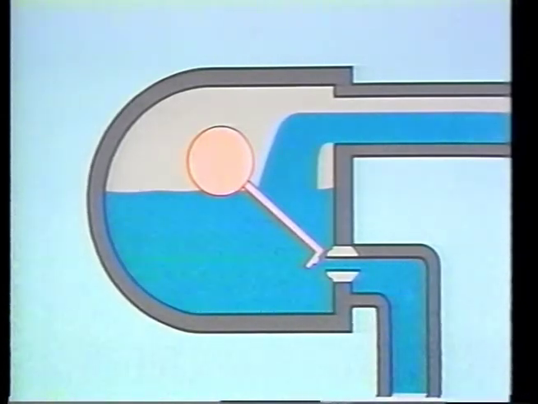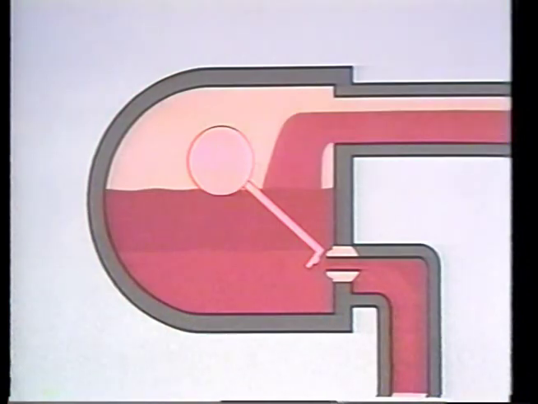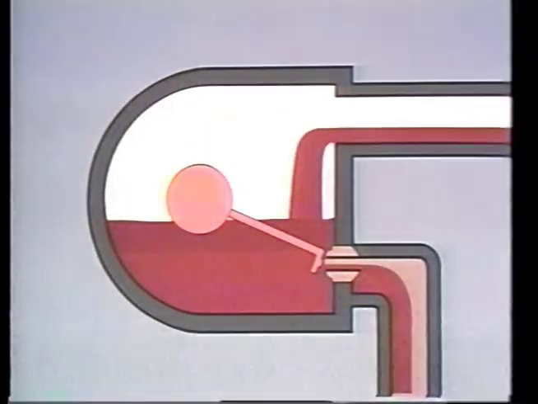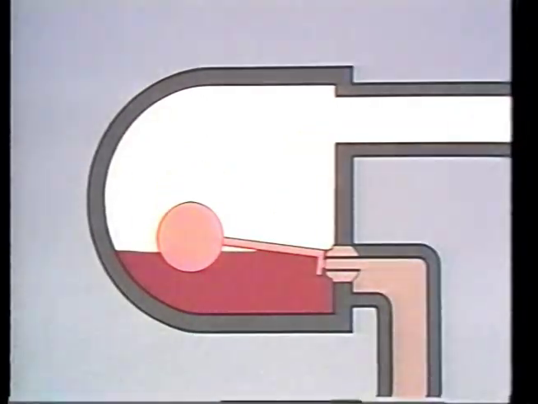When steam is about to enter the trap, the condensate in front of it will be hot. Steam enters and fills up the inside of the trap. Less and less condensate is formed. The float drops to its lowest position, and the valve closes.